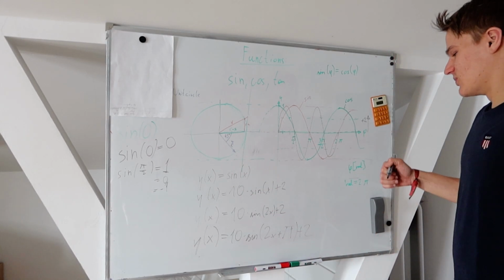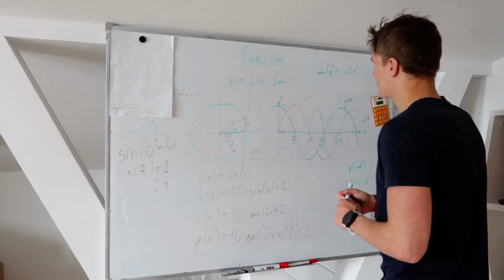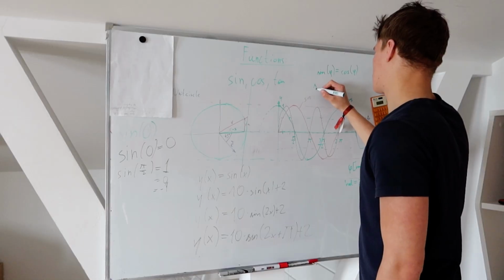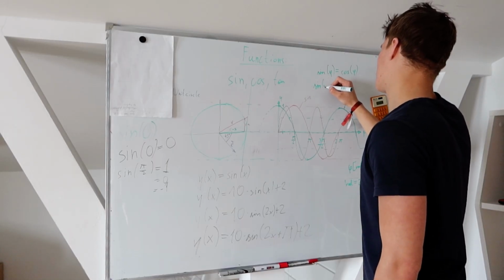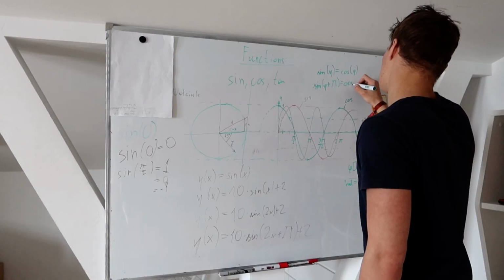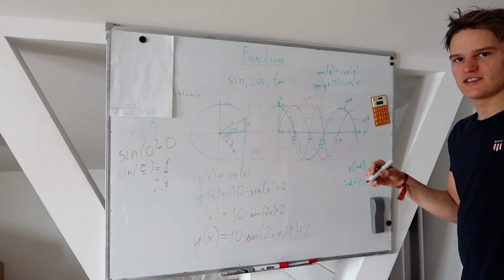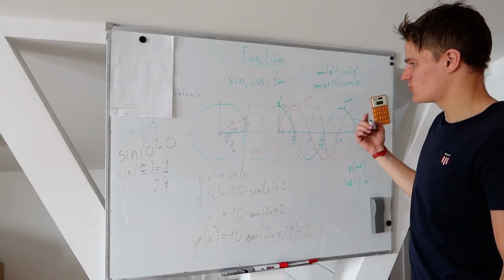So maybe to solve this question, sine of an angle plus pi is equal to cosine of the angle. Does that make sense? Because again, we said we shift to the left.